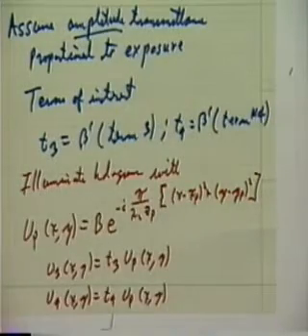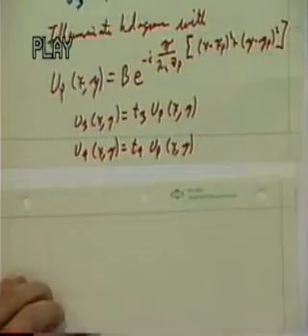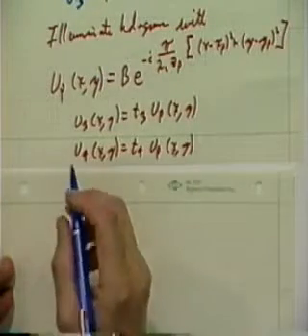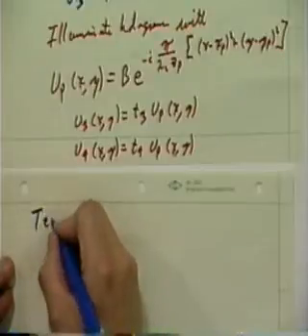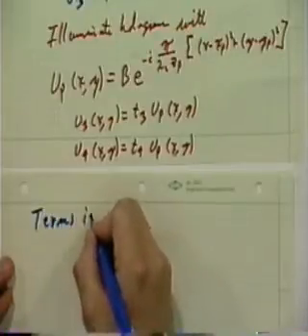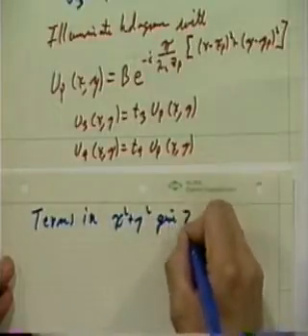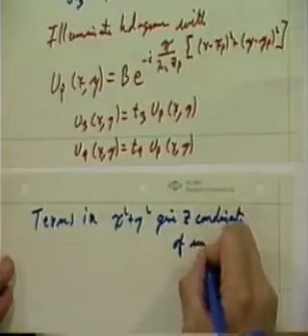And what we want to do is to determine the z-coordinate as well as the xy positions. So the terms in x squared plus y squared will give the z-coordinate of the image.